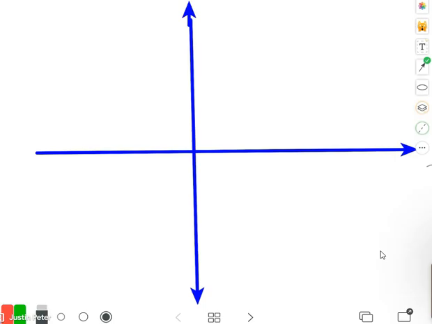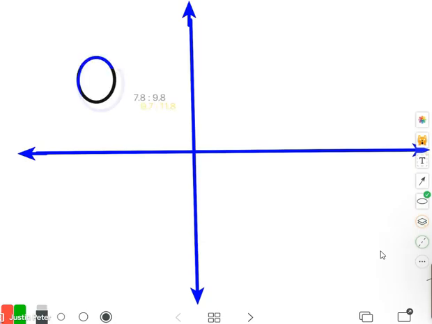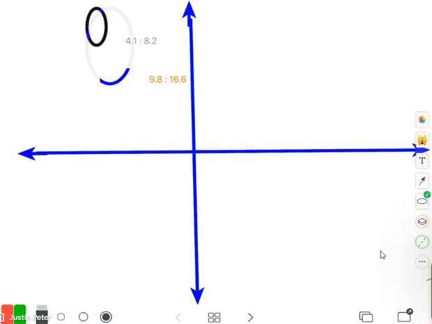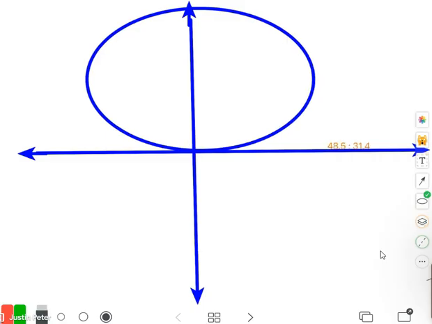Let's see the case where the parabola is symmetrical about the y-axis.